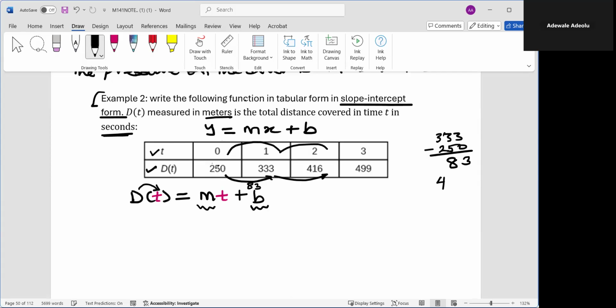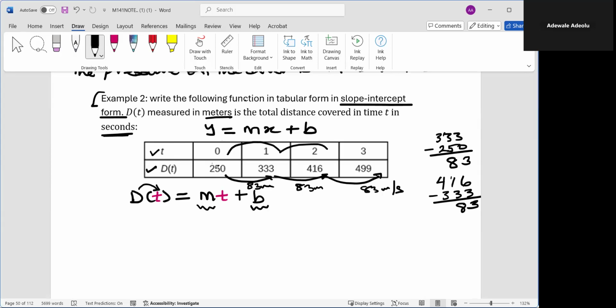From 333 to 416, let's see the difference. That is 83 meters again. And apparently this is also 83 meters. So it means that for every second, there is a change of 83 meters per second. So that is the rate of change, which is the slope.